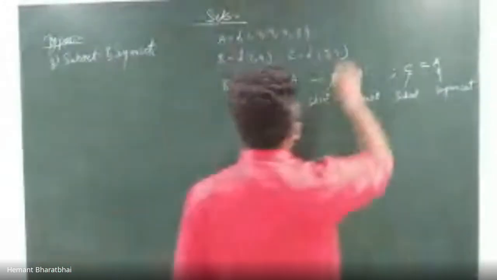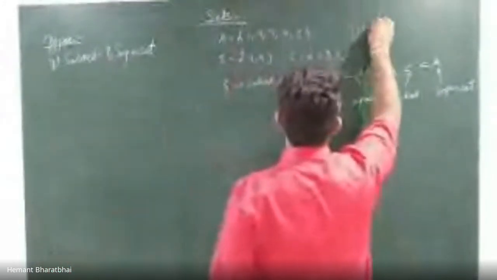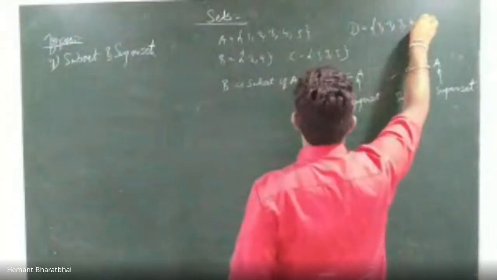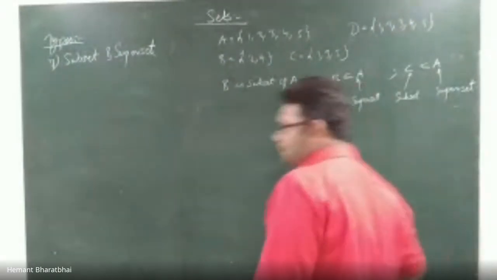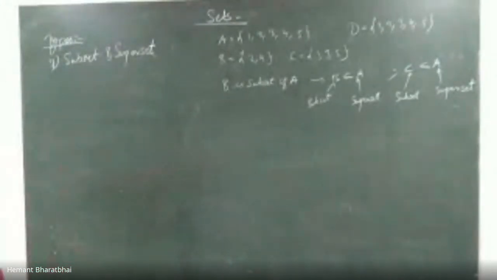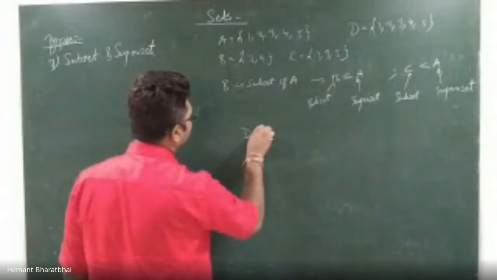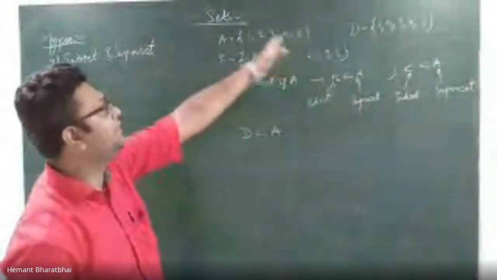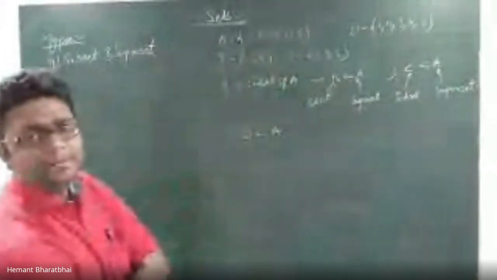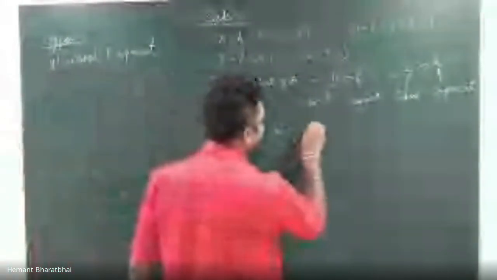Let me write one more. Now, if you see, can I say all the elements of D are present in A? Yes. And therefore, I can say D is a subset of A. Because all the elements of D are there in A. But we know one more thing, we have just seen equal sets.